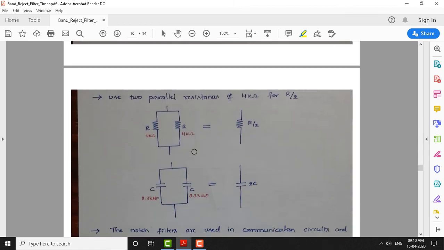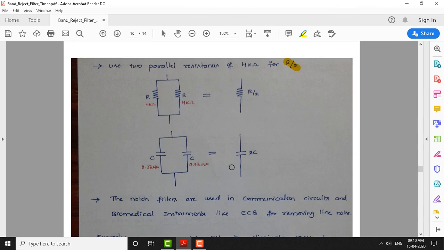Now to use two resistances as we have seen in the twin T network, to get the equivalent resistance value R by 2, we can use two resistors of equal value in parallel combination, and to get the 2C capacitor value, we can use two capacitors in parallel combination.